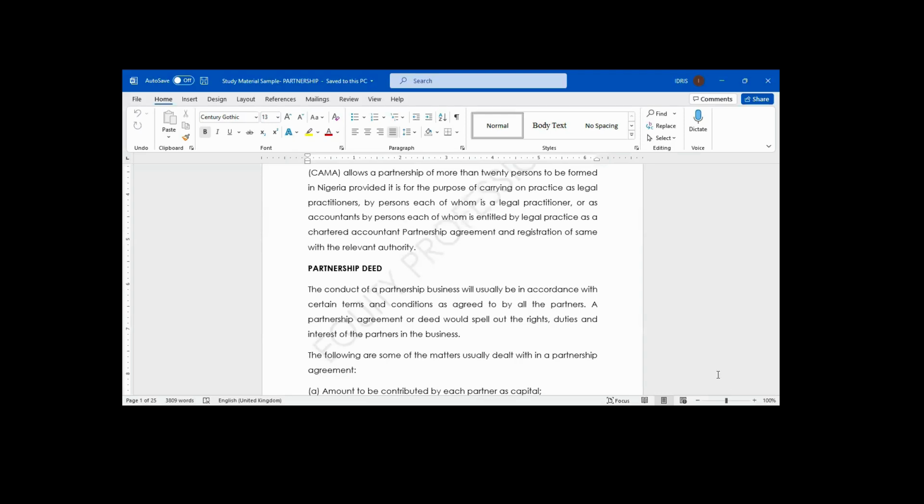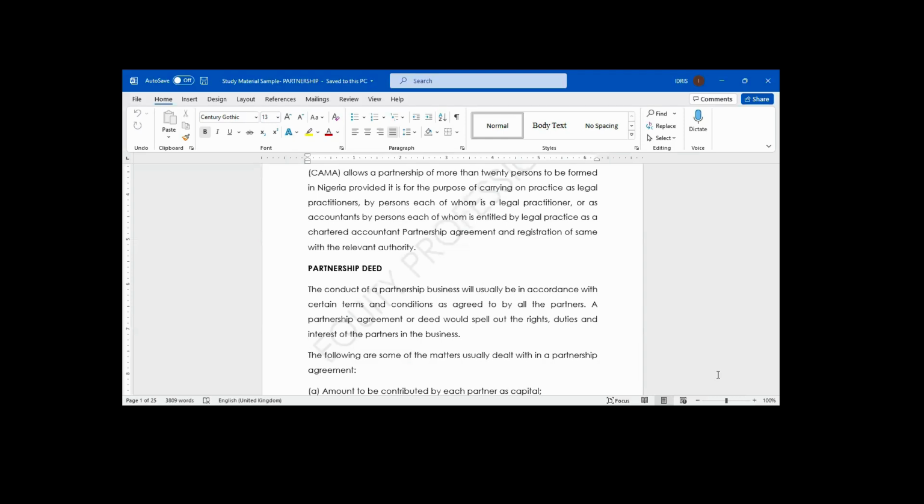So we also have partnership deed. What do we understand by partnership deed? Partnership deed is a document that contains the relationship or agreement between two or more persons. It contains the agreement that will guide the conduct of the partnership business.